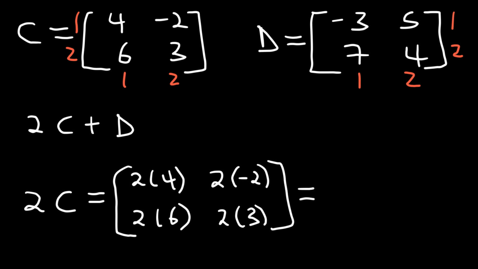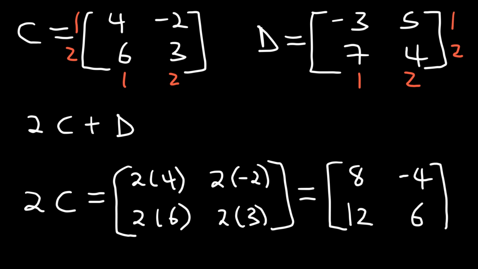Therefore 2C will be equal to 2 times 4 will give us 8, 2 times negative 2 will be negative 4, 2 times 6 will give us 12, and then 2 times 3 will be 6.